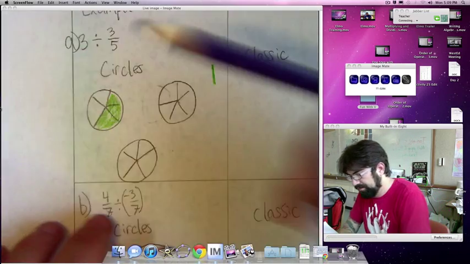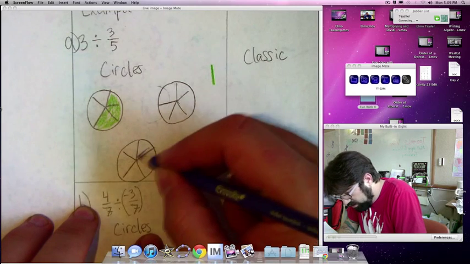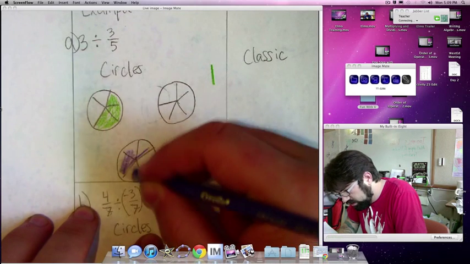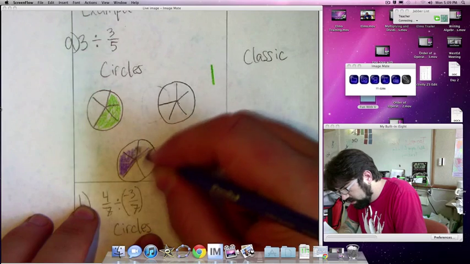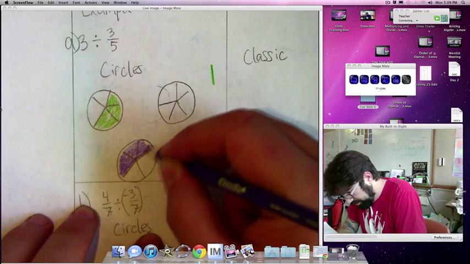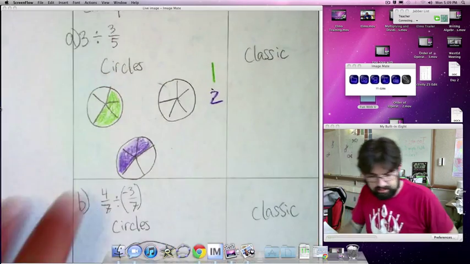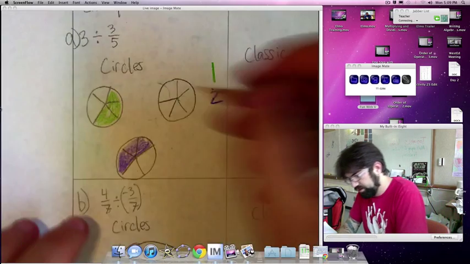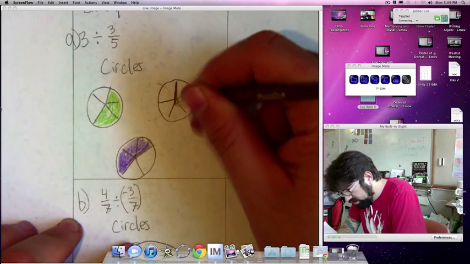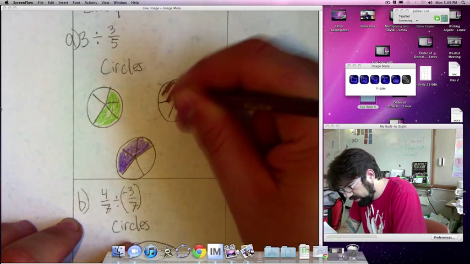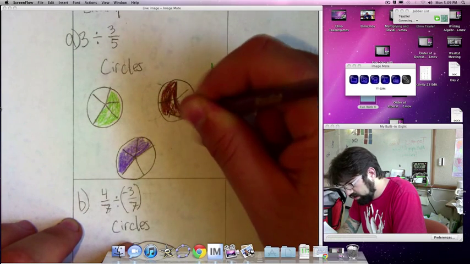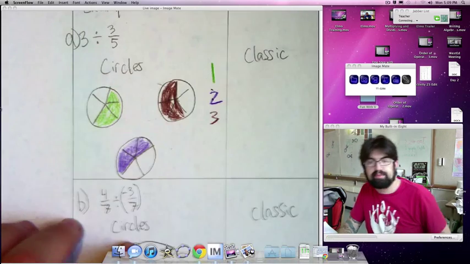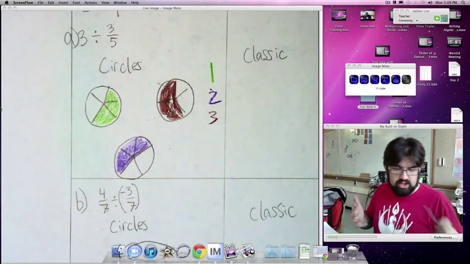Got one set right here. So that's two. Taking some brown, got a set right here. And that's three.